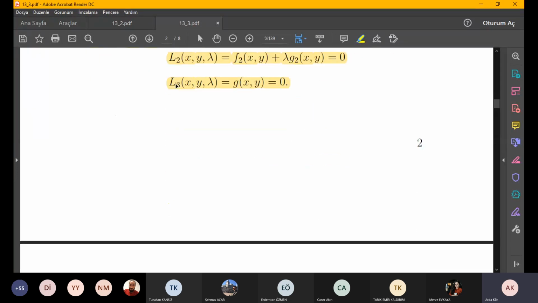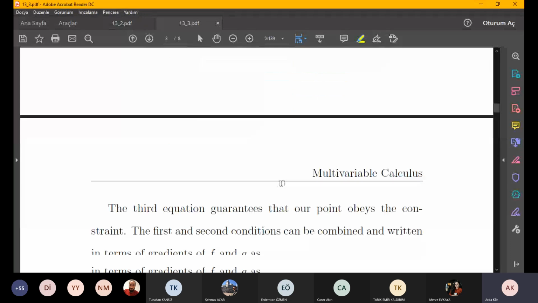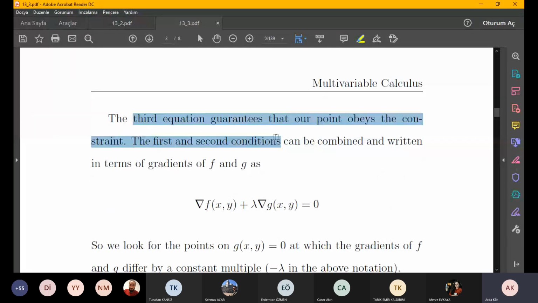And if you focus on the last equation, L partial with respect to lambda equals g(x,y) equals 0, that is actually the constraint function. So the third equation guarantees that our point obeys the constraint.